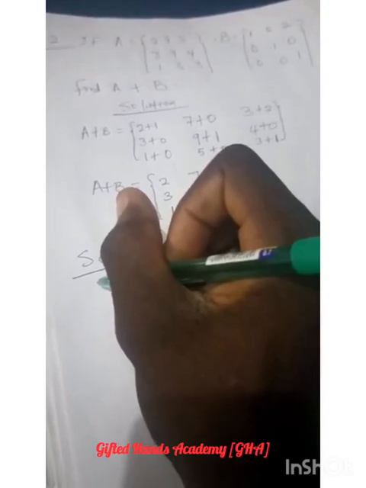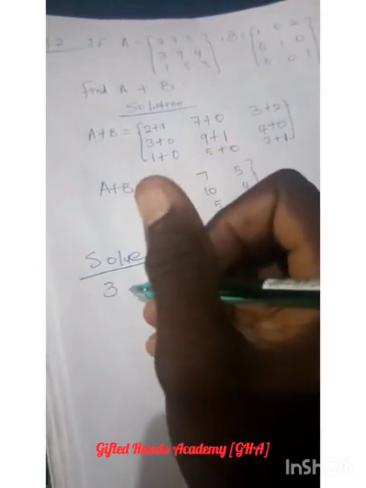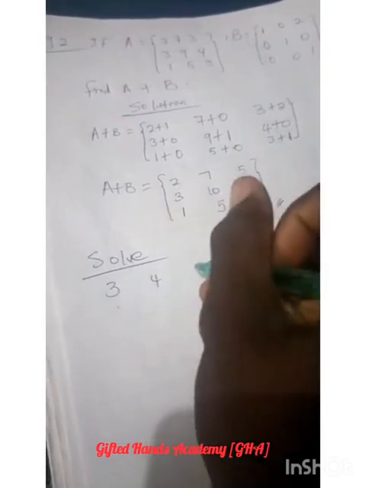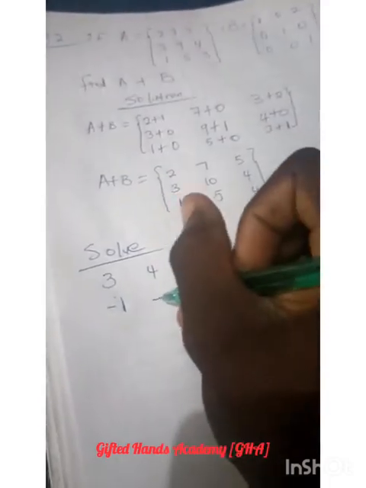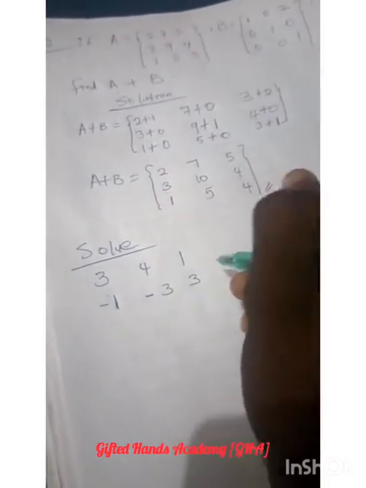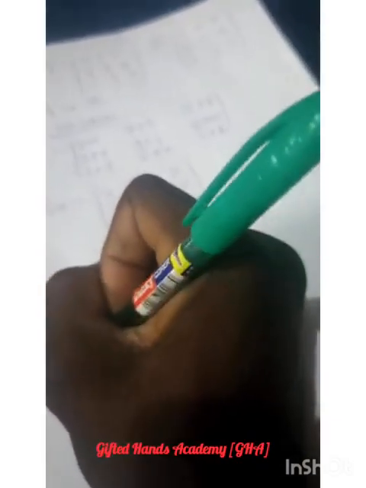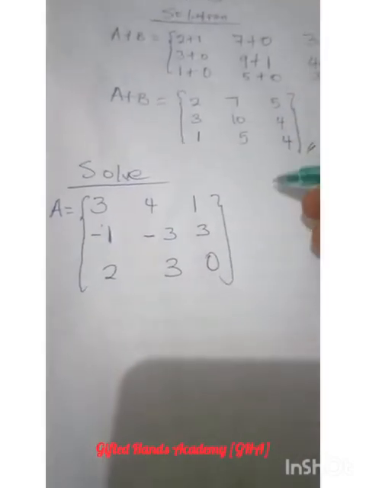Let's say we have 3, 4, 1, minus 1, minus 3, 3, 2, 3, 0. This is matrix A. Sorry for blocking it with my hand.